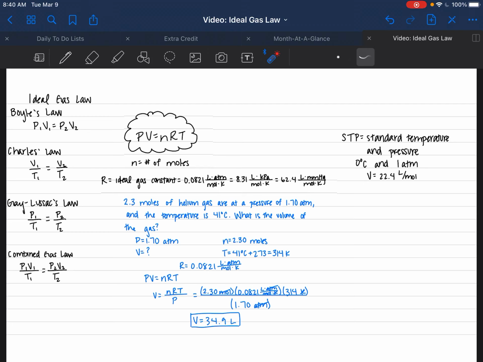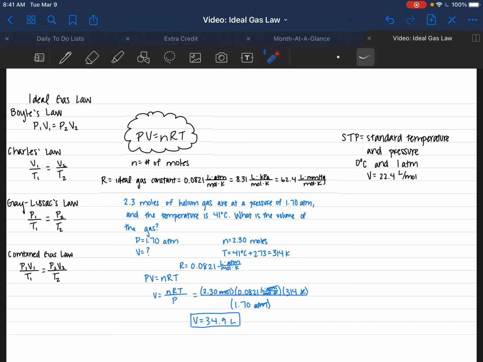I also want to point out that at standard temperature and pressure, 0 degrees Celsius and 1 atmosphere, the volume of an ideal gas would be 22.4 liters per mole. We didn't discuss this before simply because we weren't yet dealing with moles, but you may come across it when using the ideal gas law at STP.